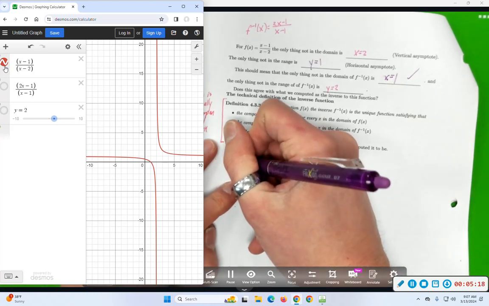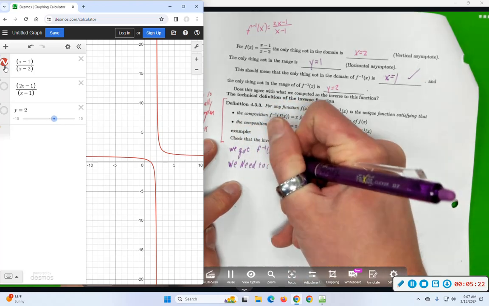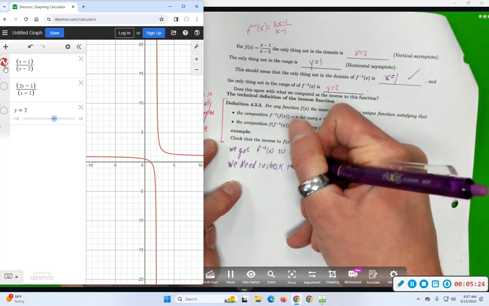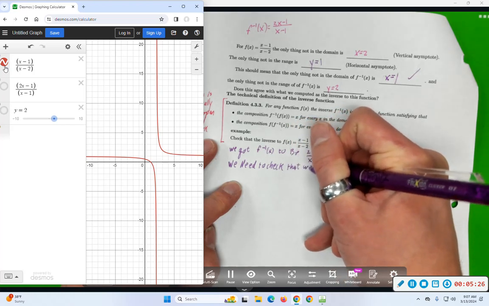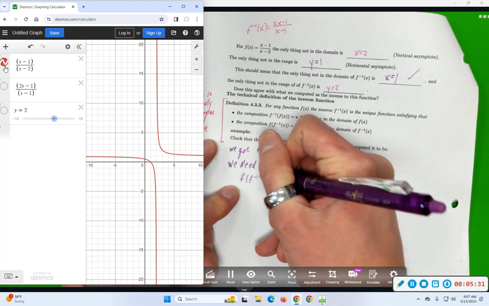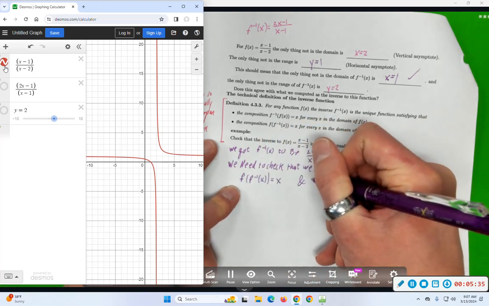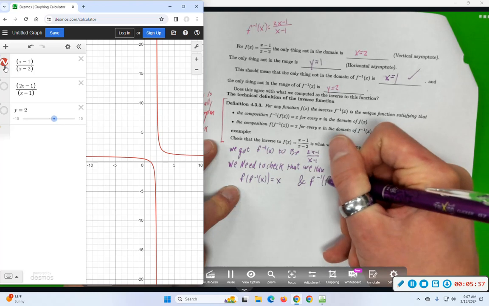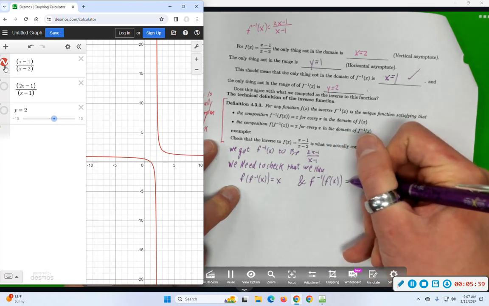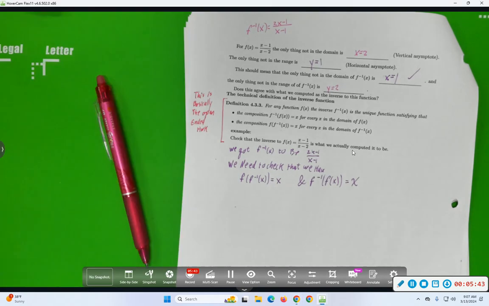So this problem is saying, well, we need to check that we have f of f inverse of x is identically equal to x, and f inverse of f of x. So two compositions are each identically equal to just the input value again. So this is like two equations we need to check.